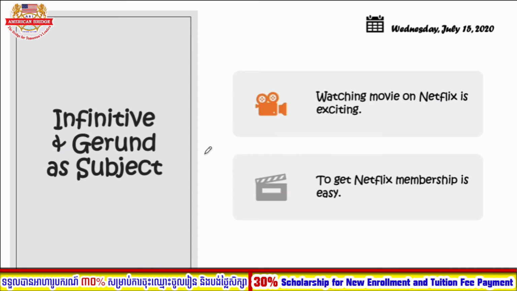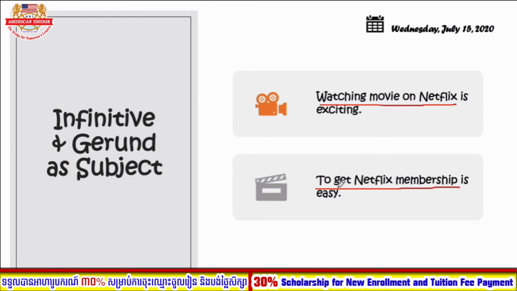Let's move on to another example, infinitive and gerund as the subject. Watching movies on Netflix is the subject, and this one is the gerund phrase. To get a Netflix membership is easy. So to get a Netflix membership is a to infinitive phrase and it functions as the subject.